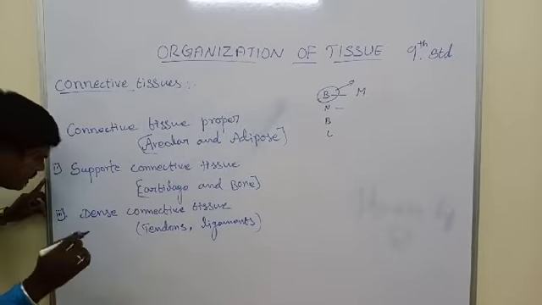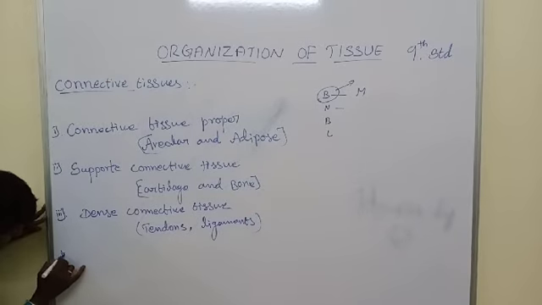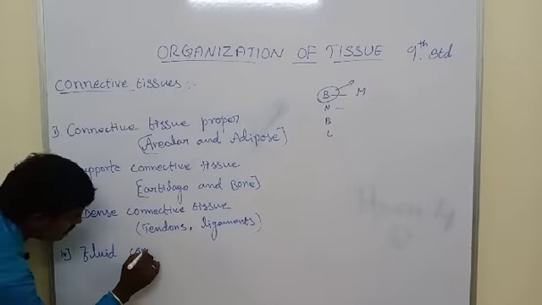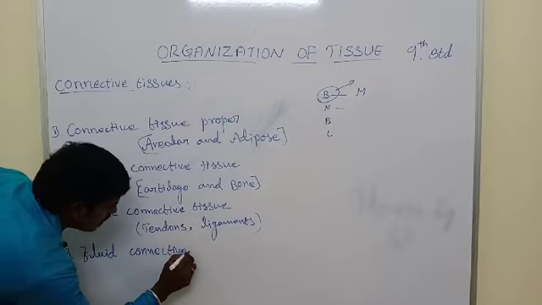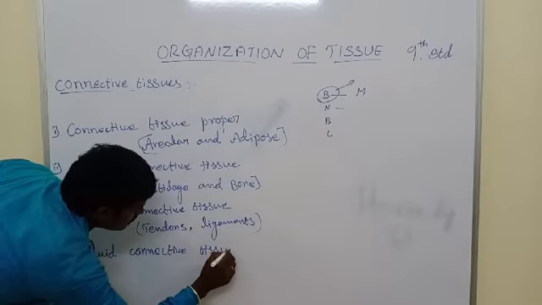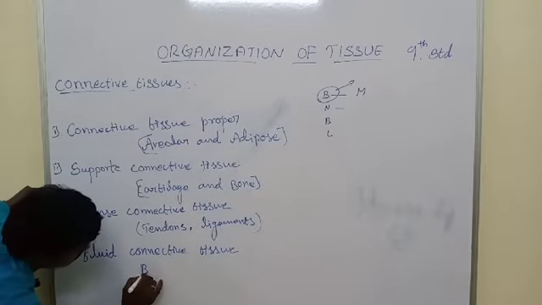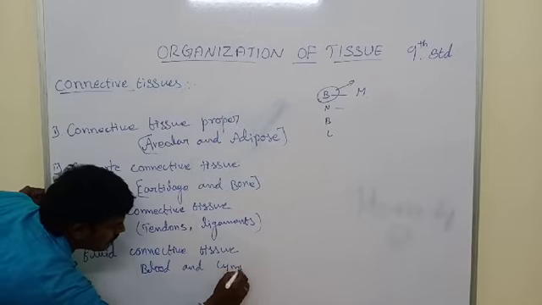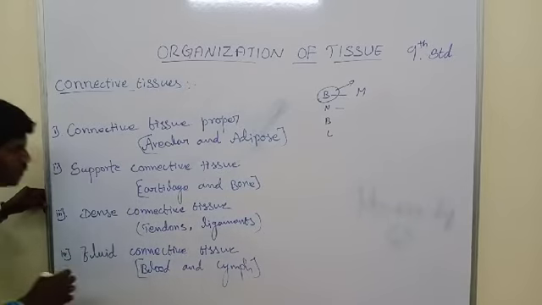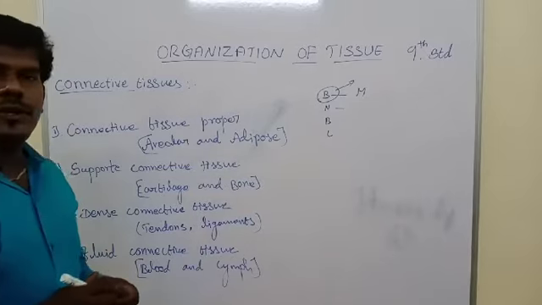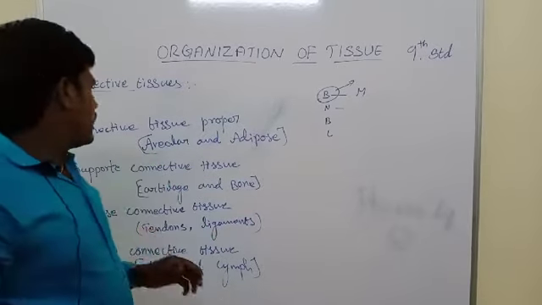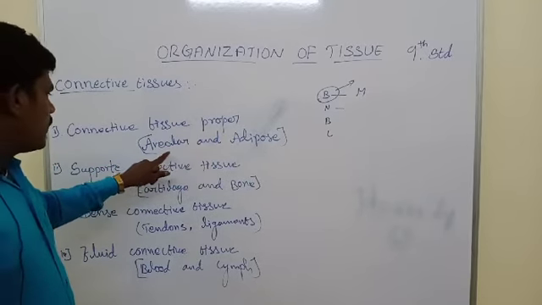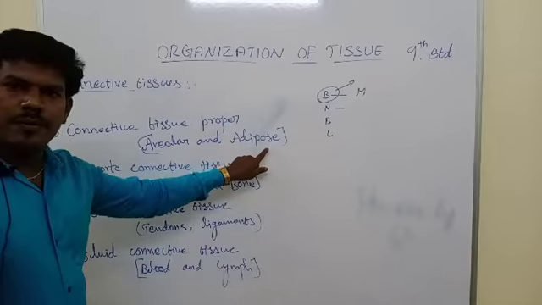And fluid connective tissue. What are they? Blood and lymph. So there are four kinds of connective tissues. First, connective tissue proper, with two kinds: areolar and adipose.